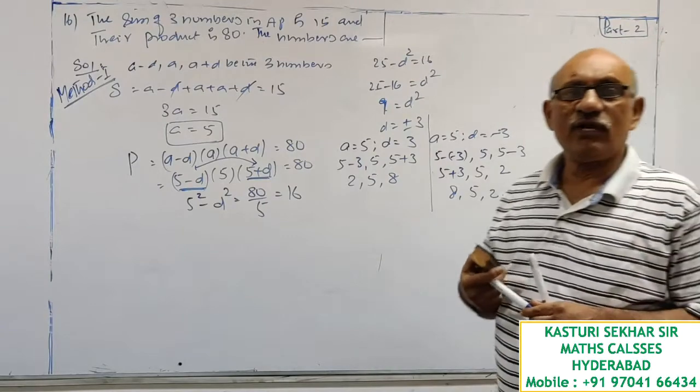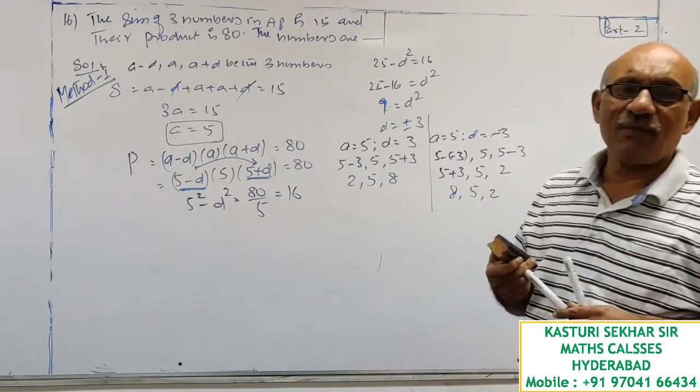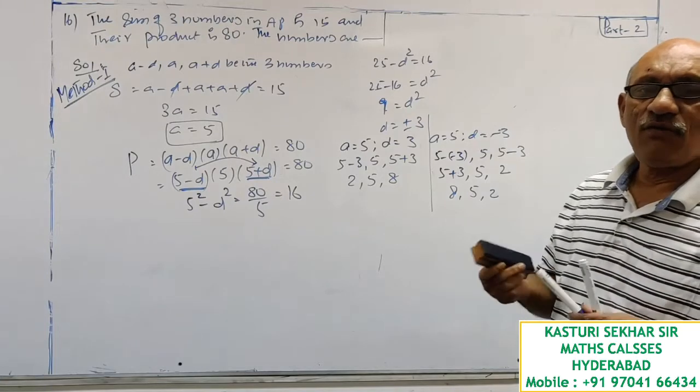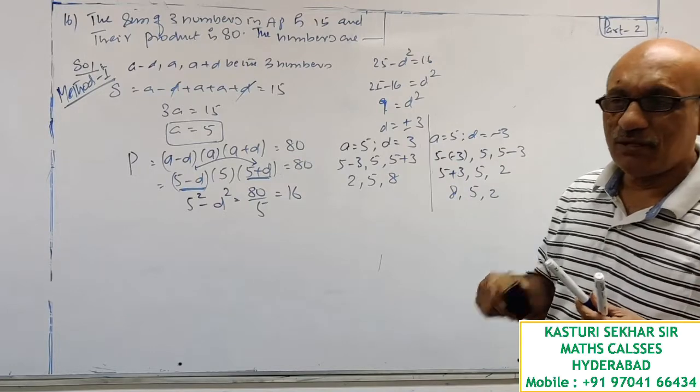There is an alternative approach also. What is that alternative approach? With the help of options also we can verify what will be the answer. That I take up in method number 2.